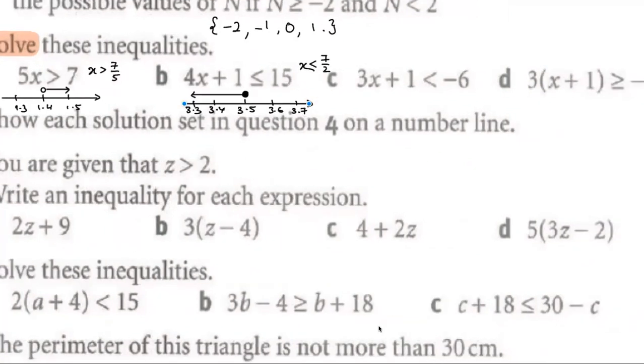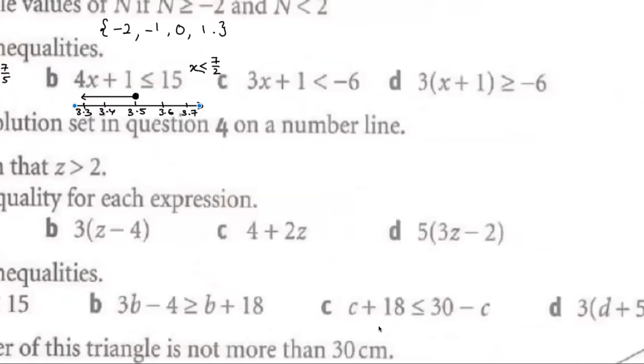Next one here. x is less than -7 over 3. So I'm just going to put -7 over 3. Less than.